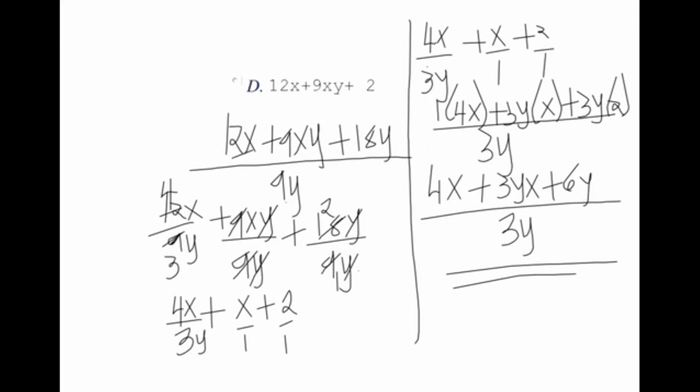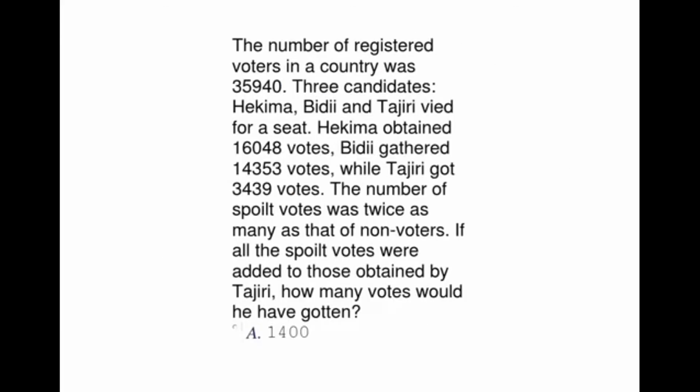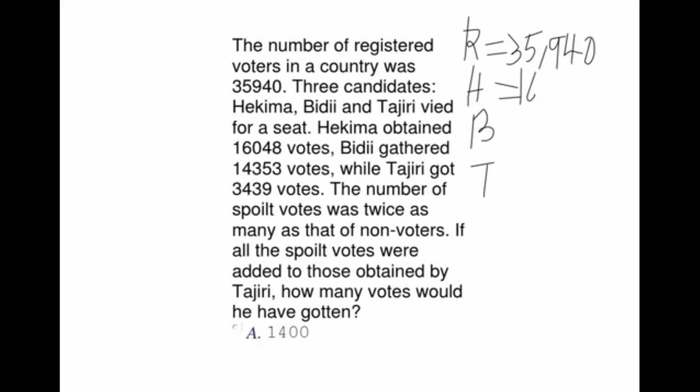That is after simplifying. The number of registered voters in a country was 35,940. We have 3 candidates: Hekima, Bidi, and Tajiri. So Hekima obtained 16,048 votes.